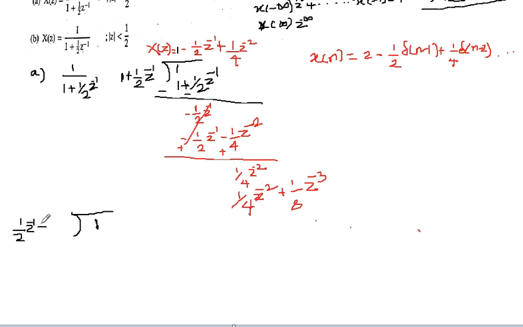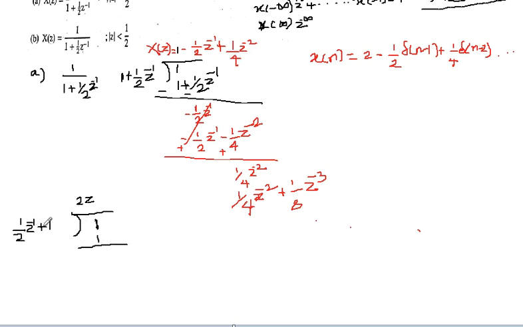plus 1, and we always think how can we cancel this. Now how to make this one as 1? When we take 2 into z and multiply this first term with 2 into z, we can make this first term as 1. So that is the way.